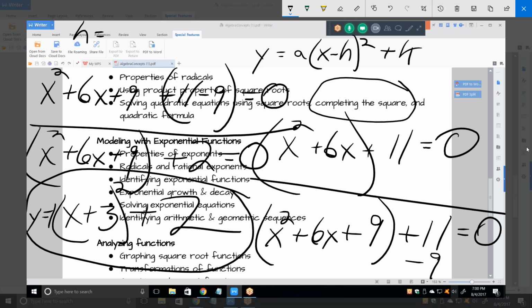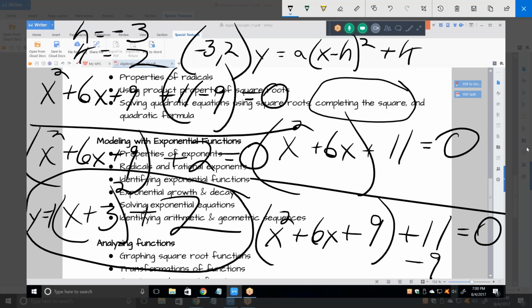Minus 3. Oh, okay. You see why? Yeah. In other words, if h is minus 3 and I have x minus a minus 3, it becomes x plus 3. So if I'm looking at a plus sign, it generally means h is negative. What's k? 2. That's the vertex. Vertex comes at minus 3, 2.